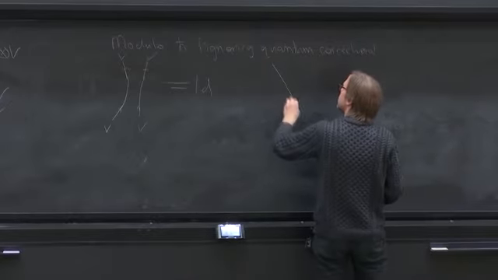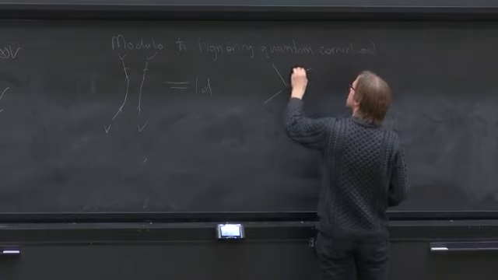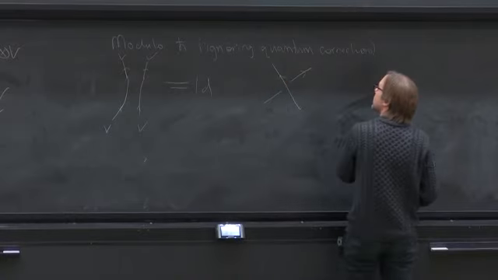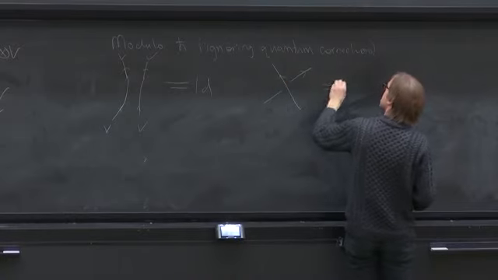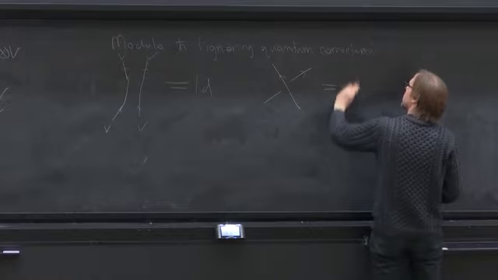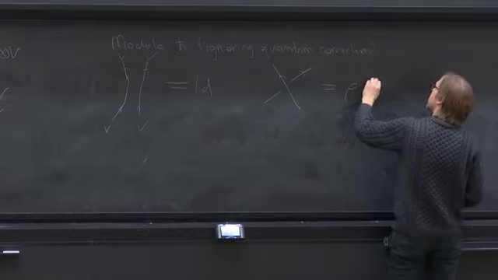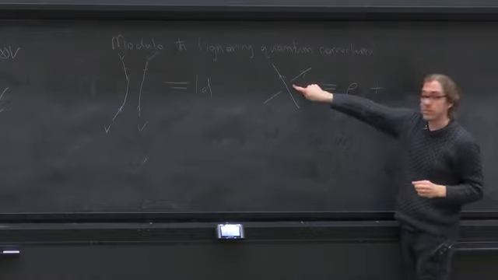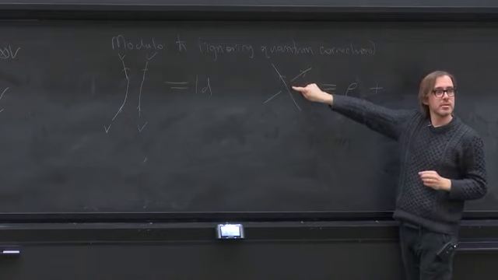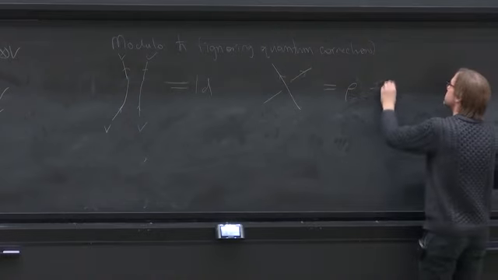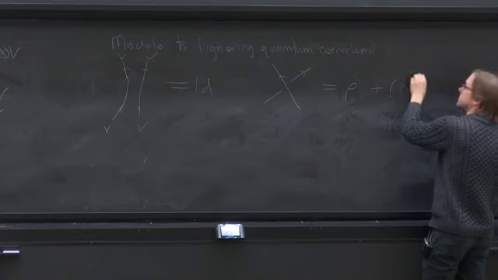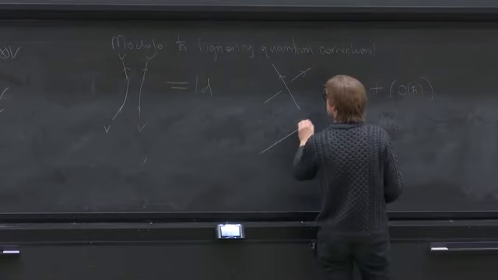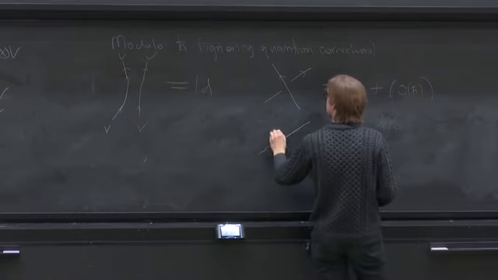And the one where they do cross is the permutation, which I'm calling rho. This one might have quantum corrections because of gluon exchange when the lines get close to each other, plus O(h bar).